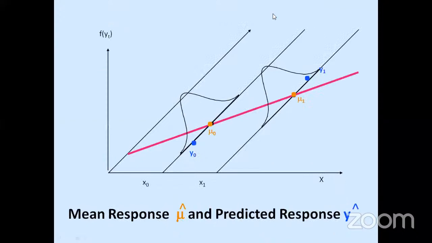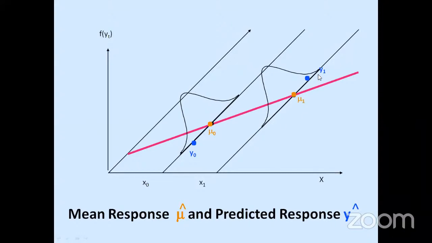See here, if you see this graph, we have to understand that this has some kind of mean response, and here also this has some kind of mean response. So this mean is equal to this mean, so we have a constant mean. So mu naught is equal to mu1.